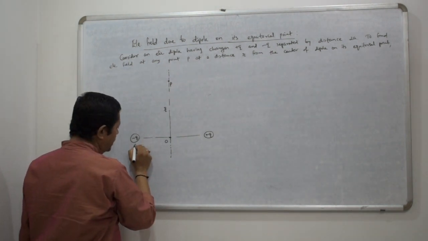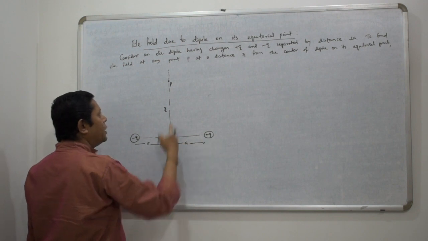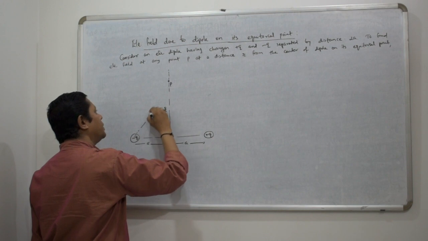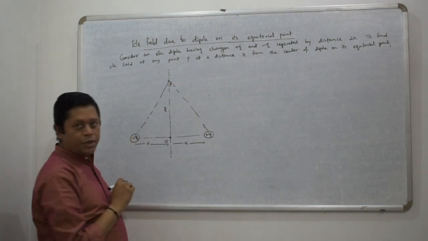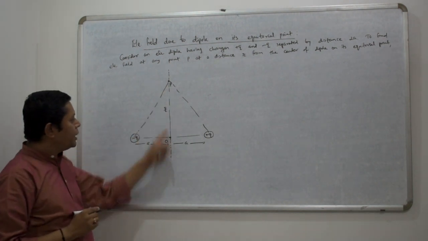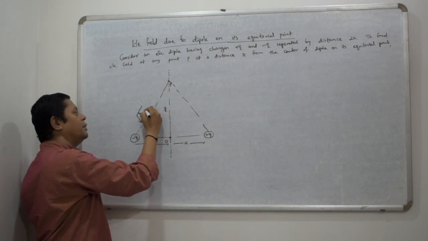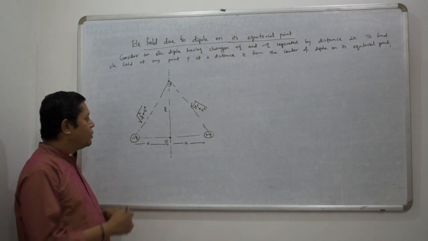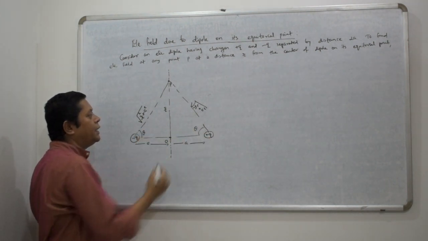You know each charge is at a distance a, point P is at a distance r, so distance of each charge from point P, according to Pythagoras theorem, it will be under root of r square plus a square. As these two sides are equal, these two angles are also equal, let's say these are theta.